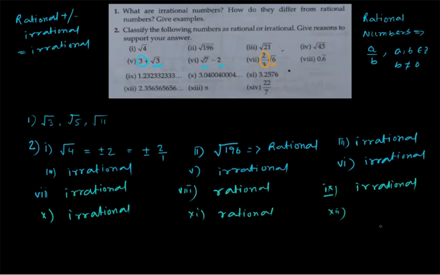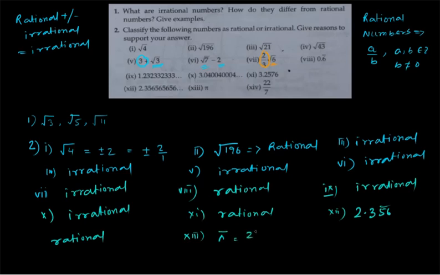The 12th one, we can see 2.3565656. So we can write it as 2.356 bar. Hence it's not terminating, but it is repeating, so it will be a rational number. And the 13th one, it's given pi.